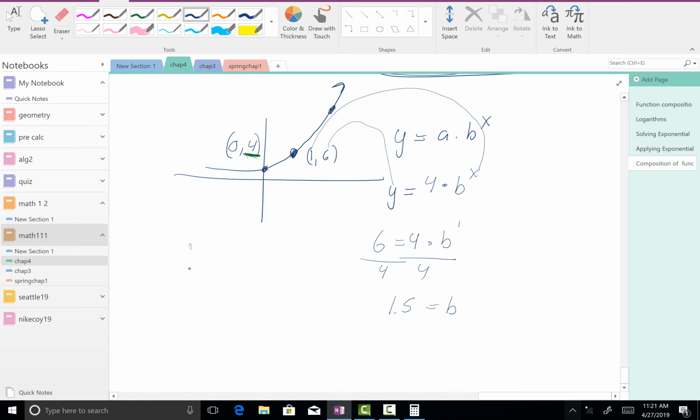So let's do it now, but we're going to get rid of that point, and we'll say that this point is 3 and 20. Now it's not quite the same thing. You can still use this.